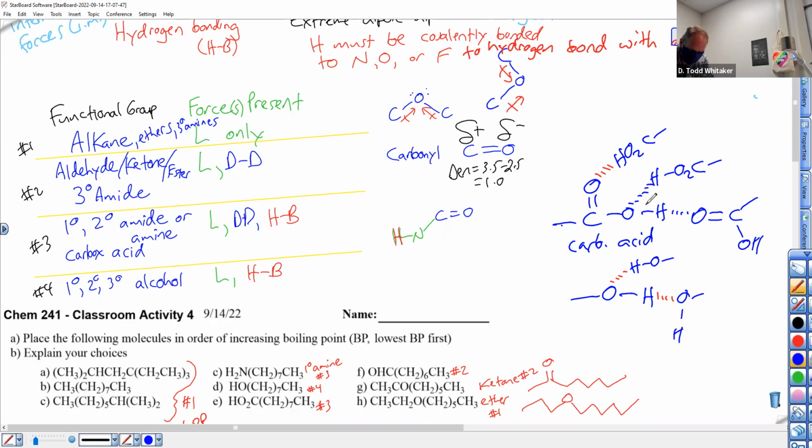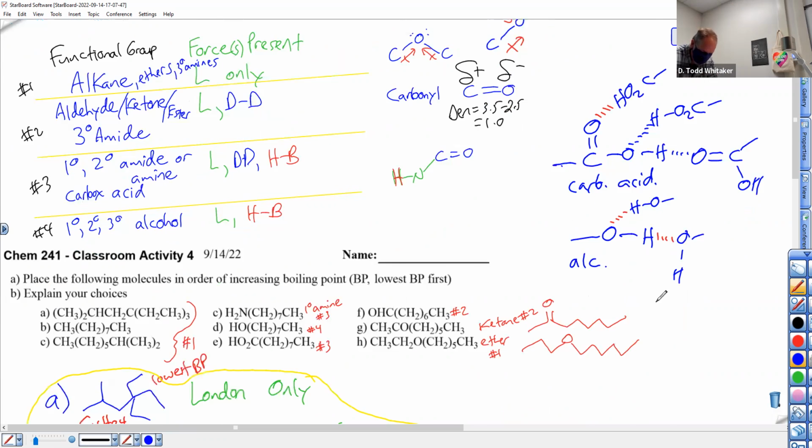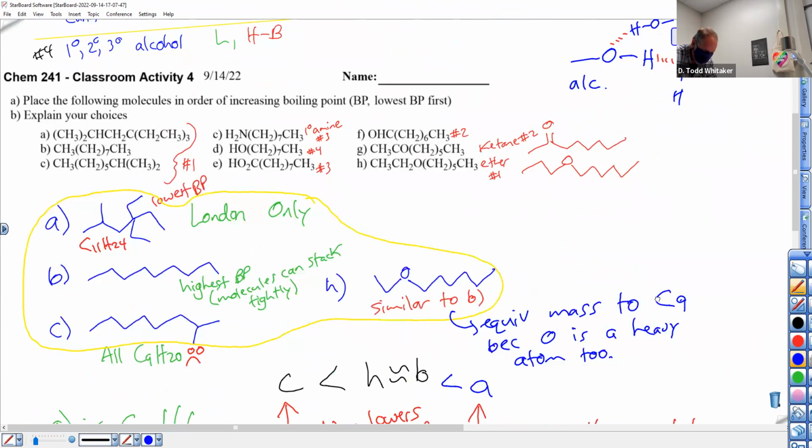That's less ways. This carboxylic acid could go 3 ways, right? Alcohol goes 2. So if you have to choose between a similarly sized alcohol and carboxylic acid, which one is going to be top dog? Number 1, carboxylic acid. Good. So I think we do have 1 carboxylic acid, and we'll just throw it at the end of our list, right?